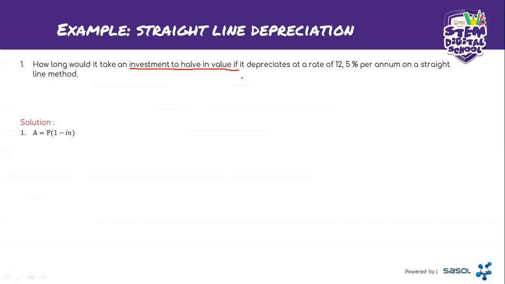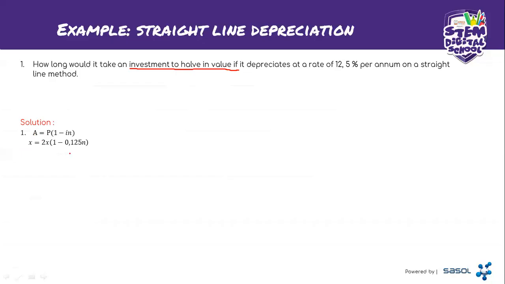This is the formula we're going to use, and then now look here. They say P is going to be half of what? Half of A, right? P, the investment, is going to be half of this one, right? I hope it makes sense.